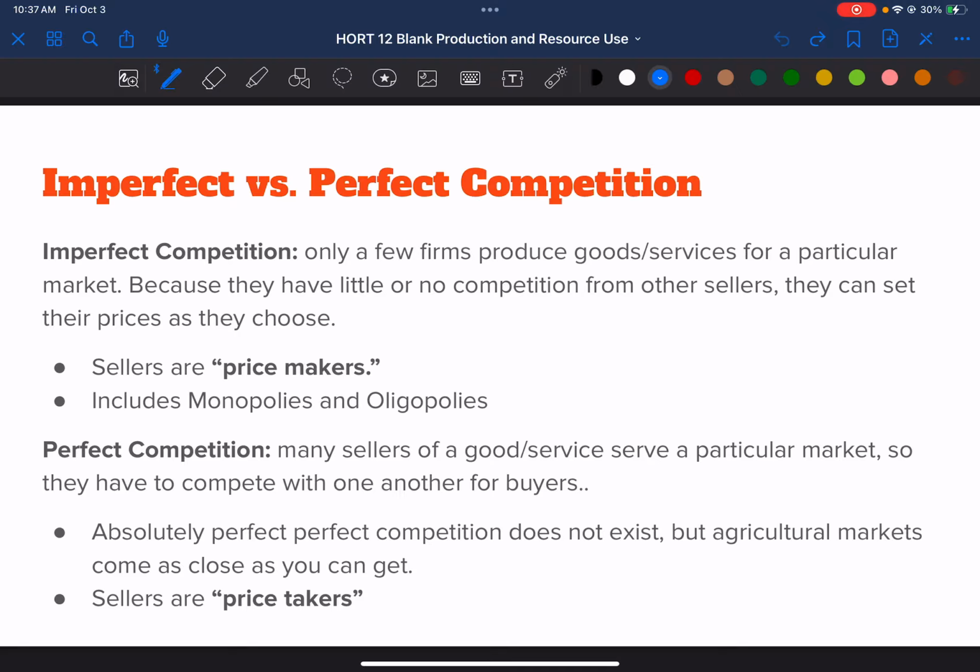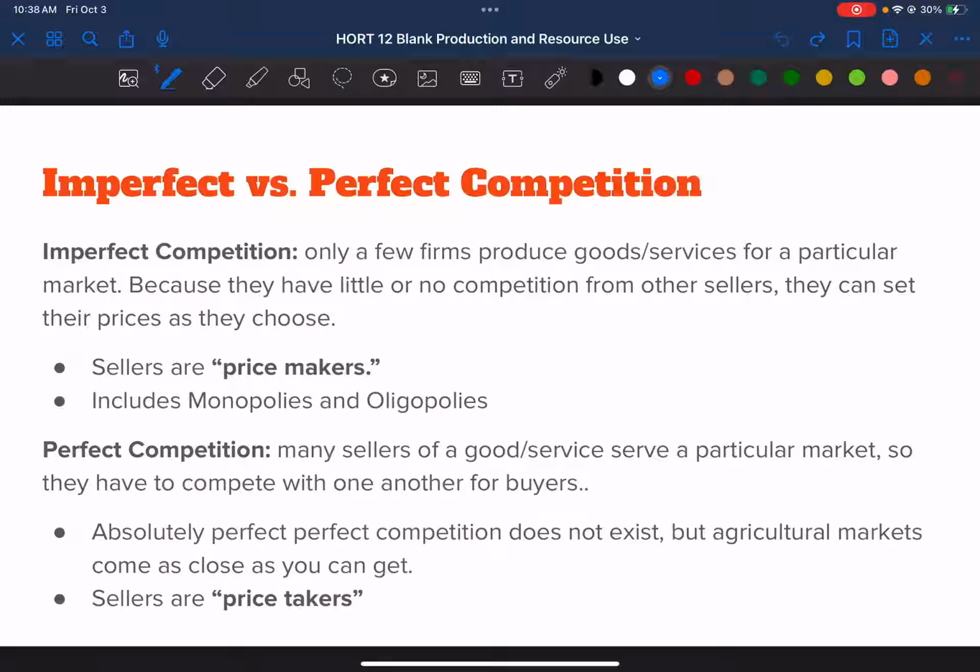So we call these kinds of firms price makers. In imperfect competition, the seller is the price maker. They get to decide how much to charge for their product or their service. So this includes markets like monopolies and oligopolies, and we'll define those in just a minute.